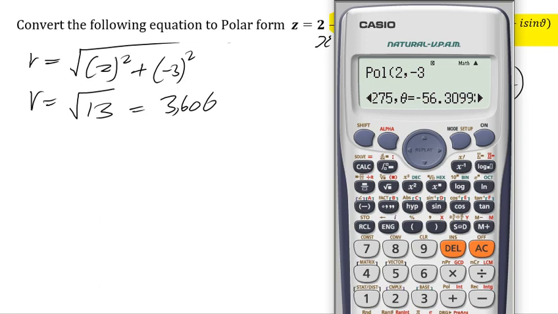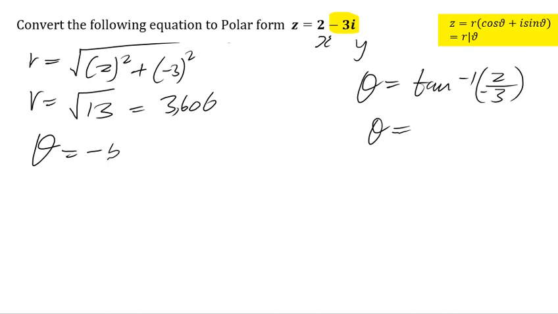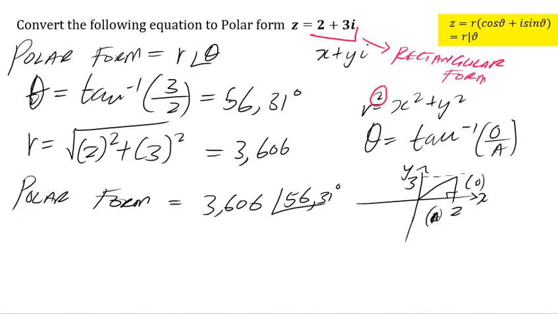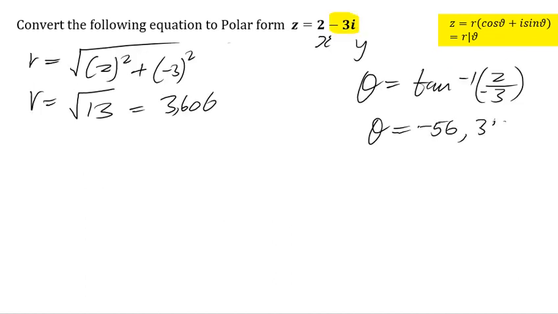So your theta will be equal to minus 56.31 degrees. This will be your answer. So it will be R angle theta as your pole. Then you'll have 3.606 angle minus 56.31.